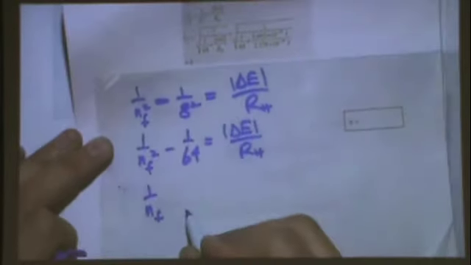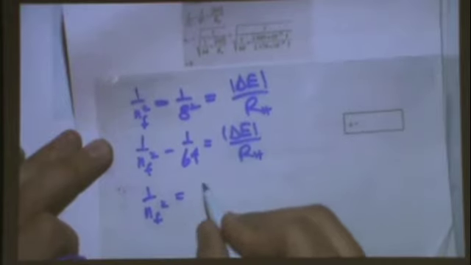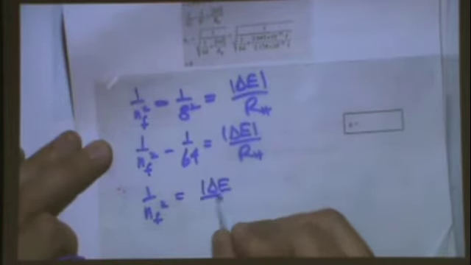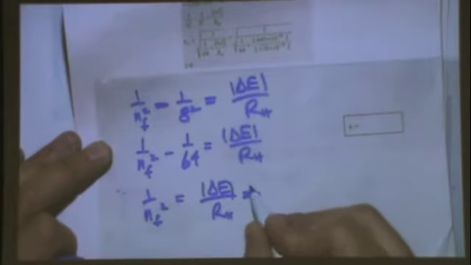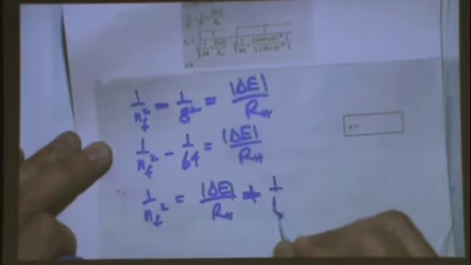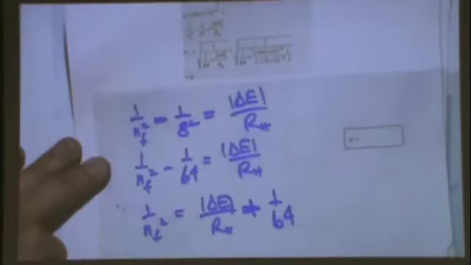Well, 1 over n final squared minus 1 over 64 equals the absolute value of the energy over the Rydberg constant. Add 1 over 64 to the right-hand side. Is that okay?